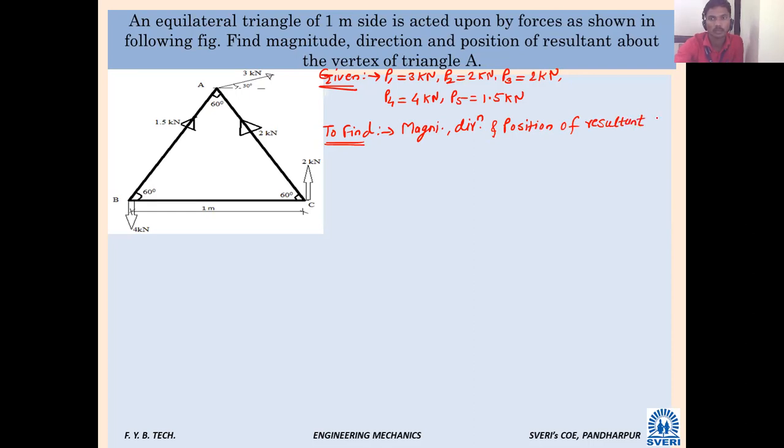With respect to what point? With respect to point A. Now calculate. Shall I give some time? Yes, sir. I will give some time. You please start.